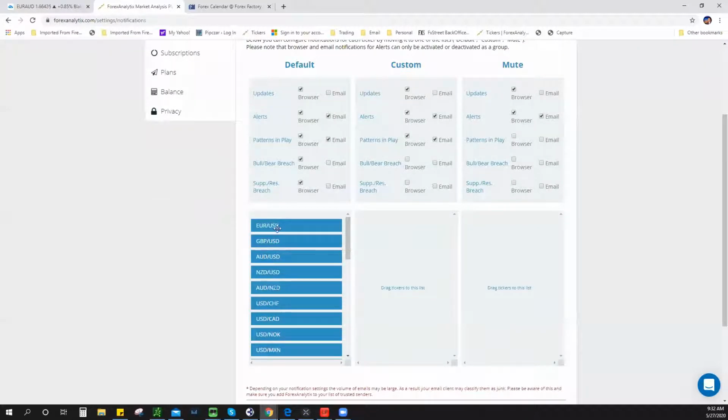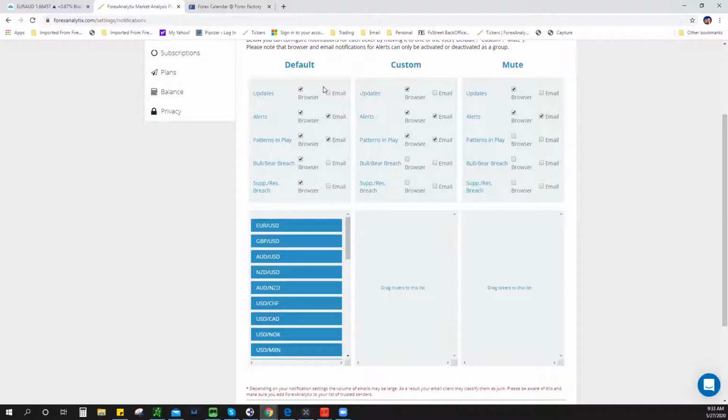So you can drag this pair. I'm under default for everything, but let's say I want the Euro custom. I want to get patterns in play, bull, bear, breach, support and resistance, any update, via email, just for the Euro. You may have yours adjusted where for the Aussie you didn't get an update via email.